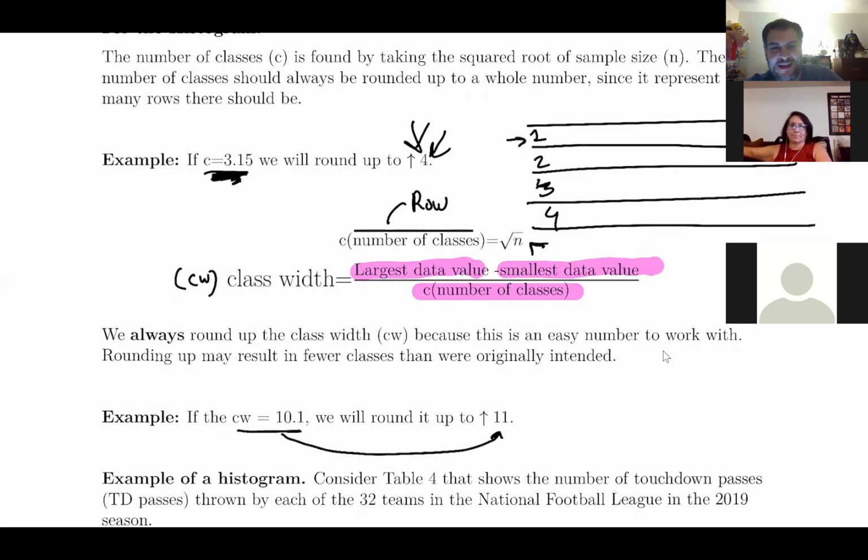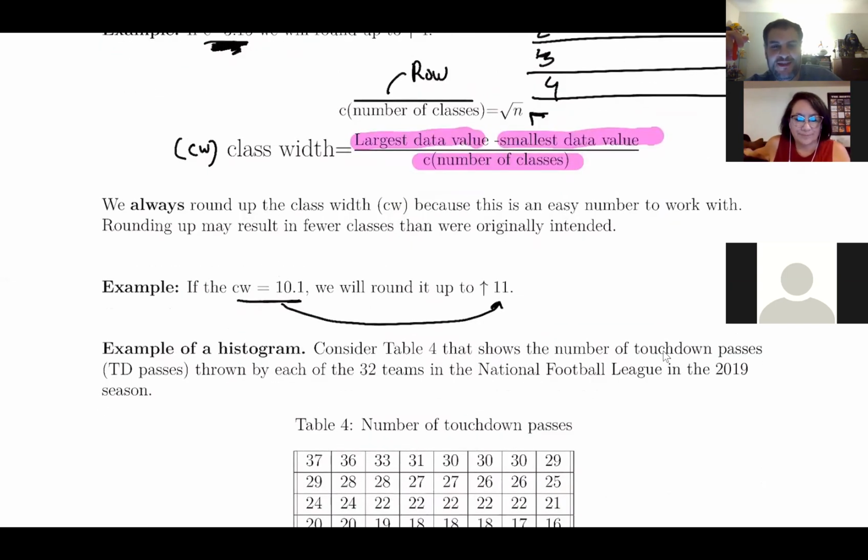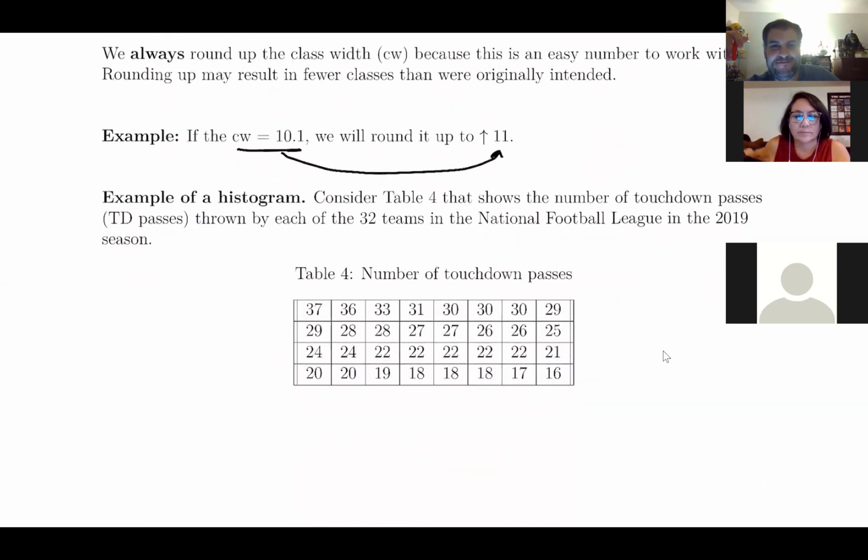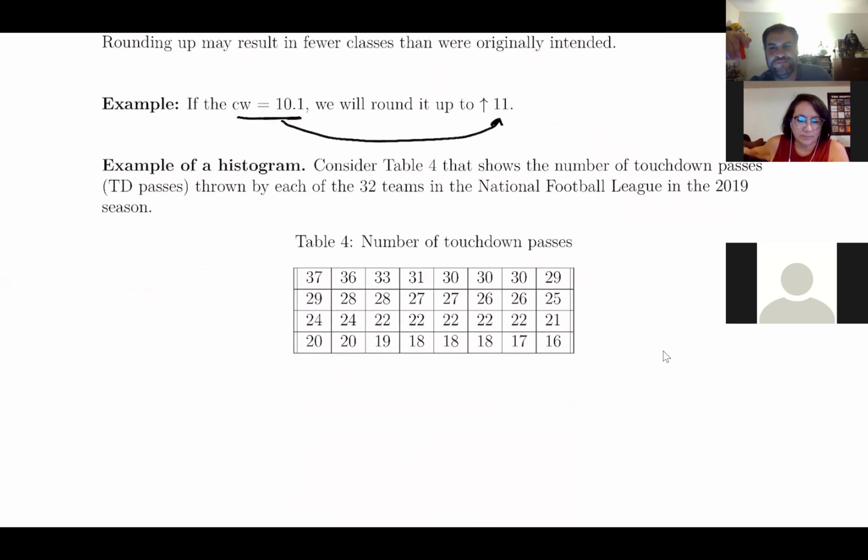All right, so let's go ahead and do a problem. The first thing we're gonna do is figure out how many classes we should use. So what I want you to do is figure out what is my sample size for this data set. So what is my N? Sweet, 32.